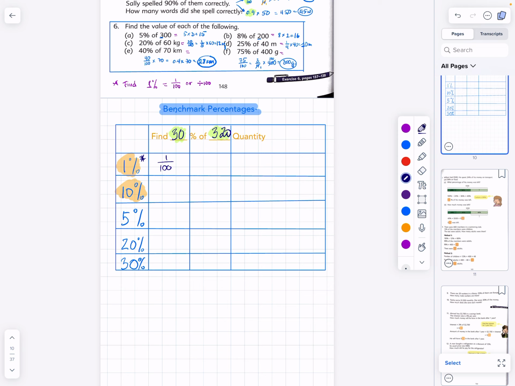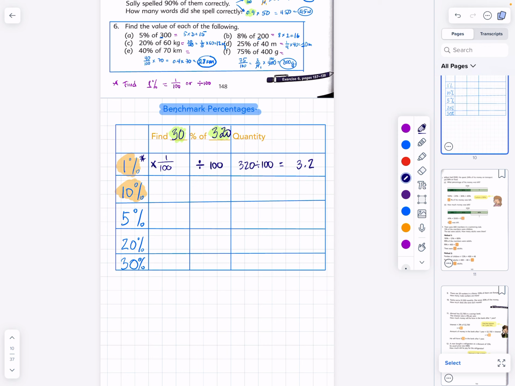To find 1 of 100 is the same as to divide by 100, right? So we can say times 1 out of 100, right? To find 100ths of a quantity, we can multiply by a fraction or divide by its reciprocal. So 320 divided by 100, we will say that it's 3.2.